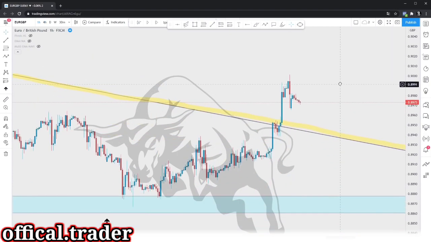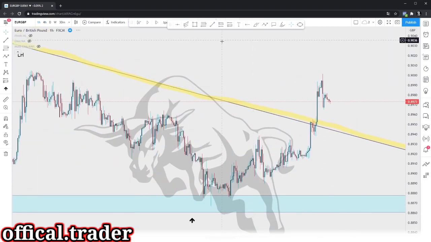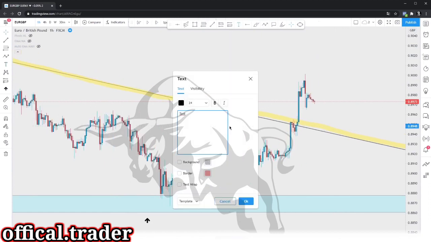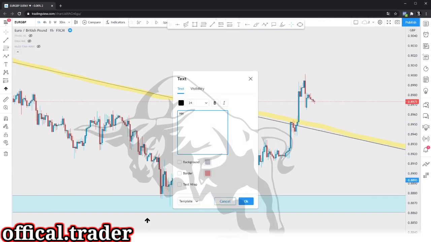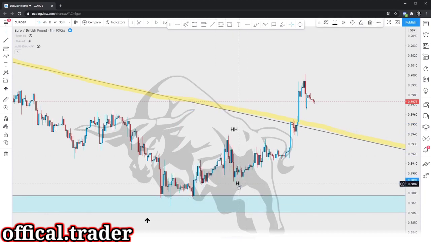So as we can see on the 1 hour time frame, we are clearly bullish, right? The market structure is clearly bullish. So we are making higher highs and we are making higher lows, okay? Right now, we made an impulsive move from this previous higher low to here, so we made a higher high. So we are on the 1 hour time frame, we are in an uptrend, right?